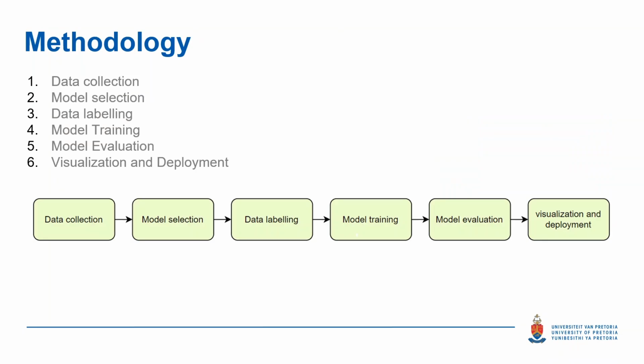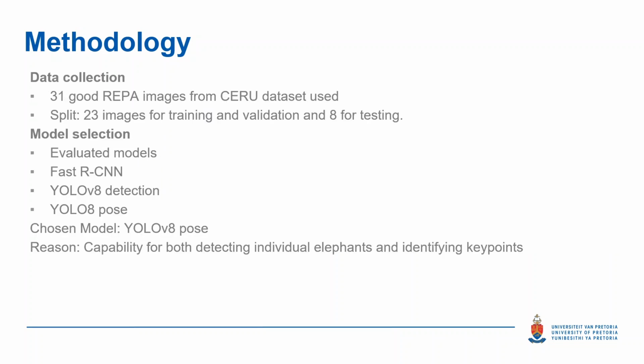The methodology used for this project consists of 6 key steps, which include data collection, model selection, data labeling, model evaluation, visualization, and deployment. We evaluated 3 main models, which include Faster RCNN, YOLO V8 detection, and YOLO V8 pose estimation model.